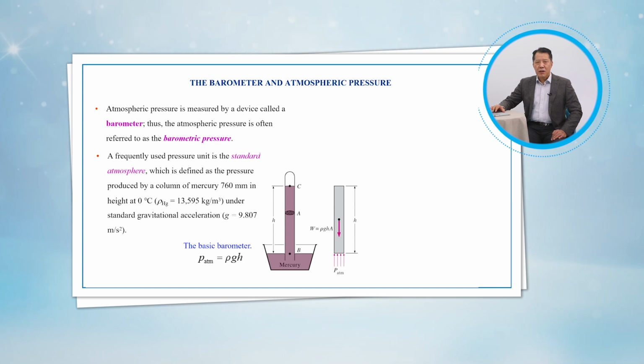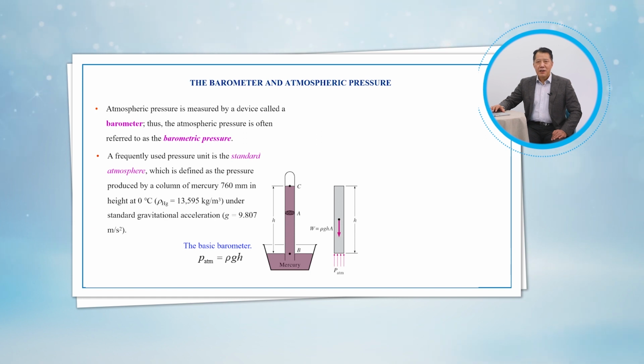If water instead of mercury were used to measure the standard atmospheric pressure, a water column of about 10.3 meters would be needed. Pressure is sometimes expressed in terms of the height of a mercury column.